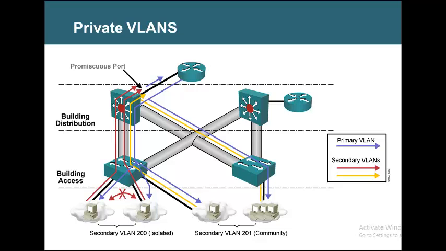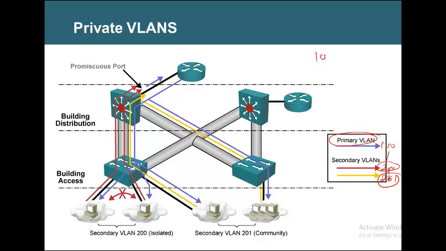For example, we'll have a primary VLAN, let's say 100. Inside the VLAN, we create VLAN 200, 201. Originally, the members of 200 and 201 are members of 100.